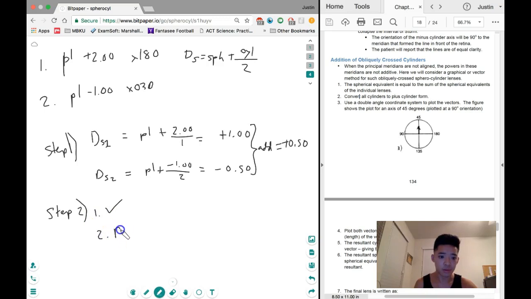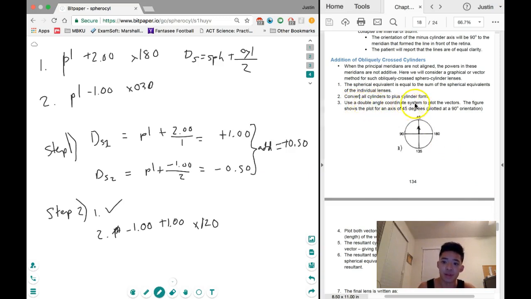Prescription 2 is going to be minus 1, because remember, you add the two together, minus 1, then you change the sign to plus 1, and then you change the axis, so 30 plus 90 is 120. That's step 2.